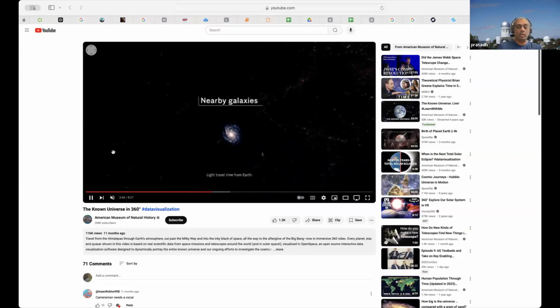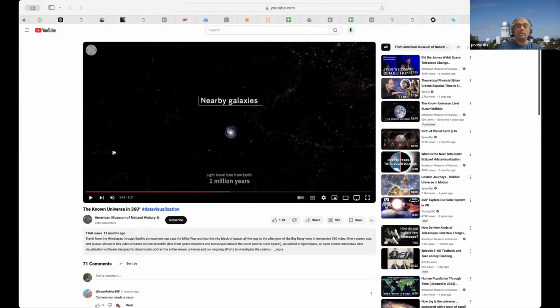And now we are going to nearby galaxies, right? So the nearby galaxies means we have the Andromeda galaxy, and we have small satellite galaxies like the Large Magellanic Cloud and Small Magellanic Cloud. All of these are our nearby galaxies, so they are our neighbors.